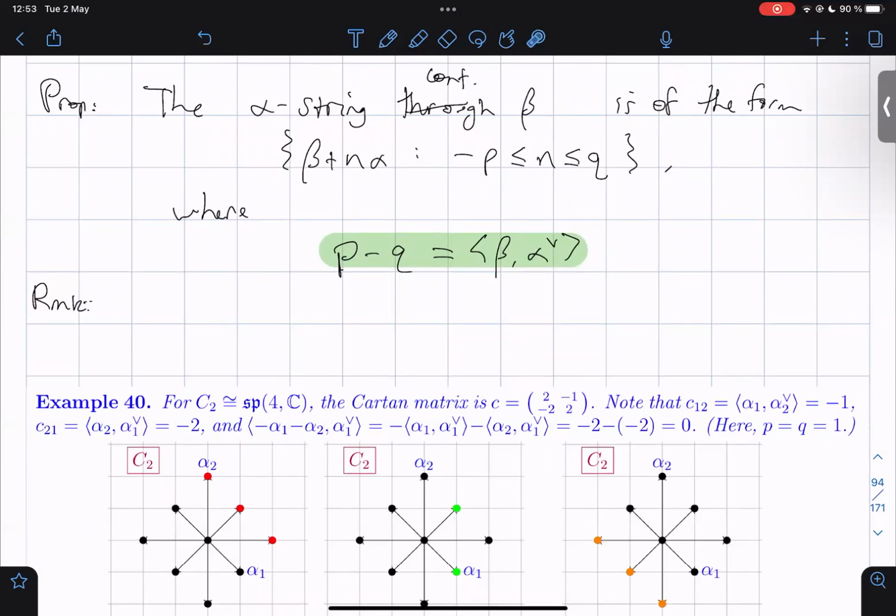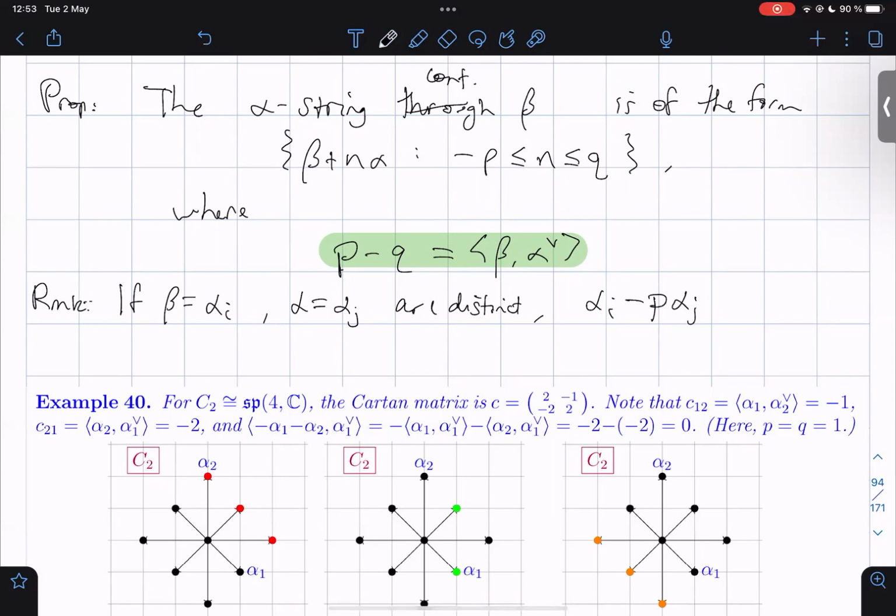Let's specialize it to the simple root case. So if beta is alpha i and alpha is alpha j, if these are distinct.